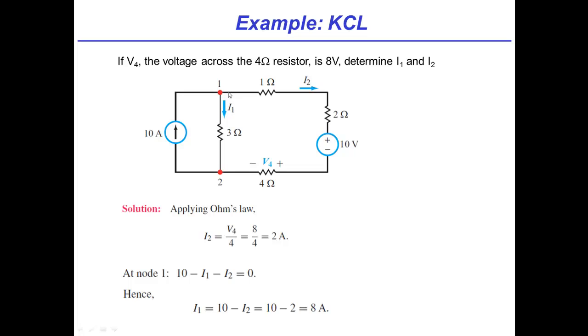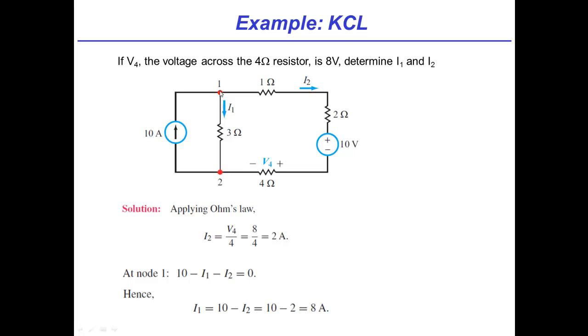So think about it. Let's say I go to this node here. I know that 10 amps are coming into the node. I know that I2, which is exiting the node here, is 2 amps. And I know by KCL, let's do the second formulation first, that the sum of the currents going in must equal the sum of the currents going out.